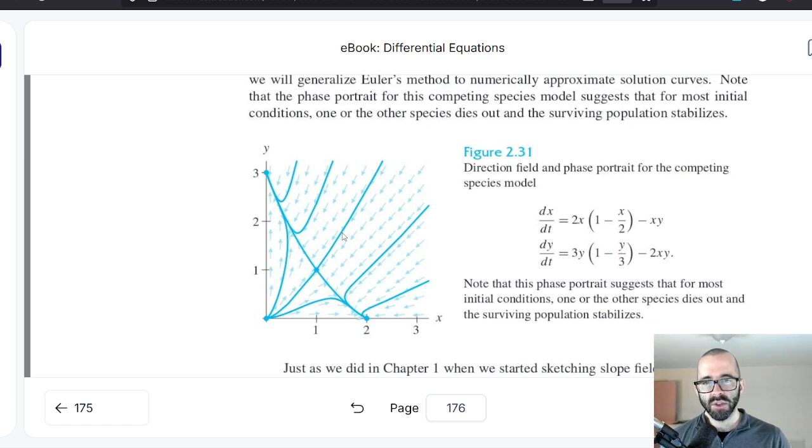Right, so these solutions are either, most of these, this is actually, I think, maybe an unstable point. I'm not quite sure because they didn't actually include arrows on theirs. But yeah, many of these are approaching one of these side equilibria, (2, 0) or (0, 3).